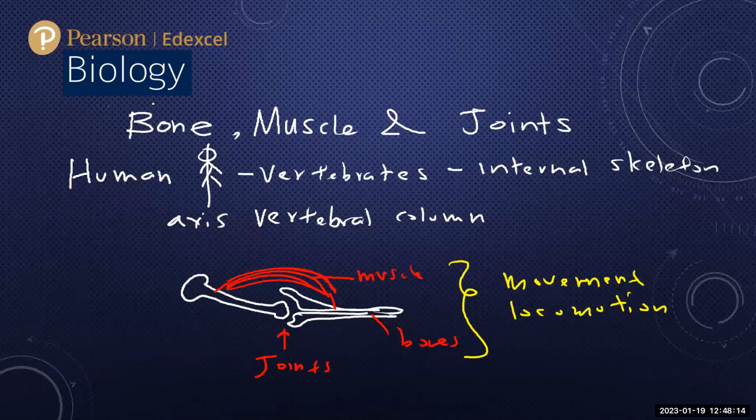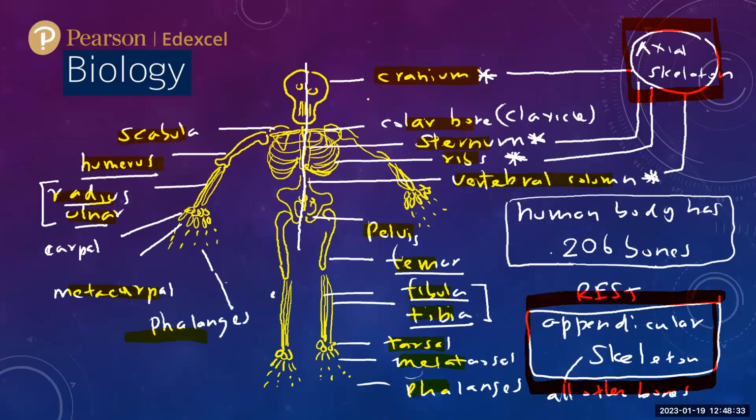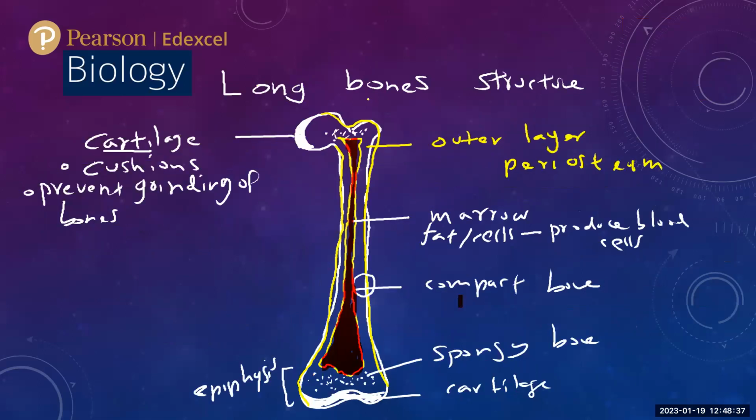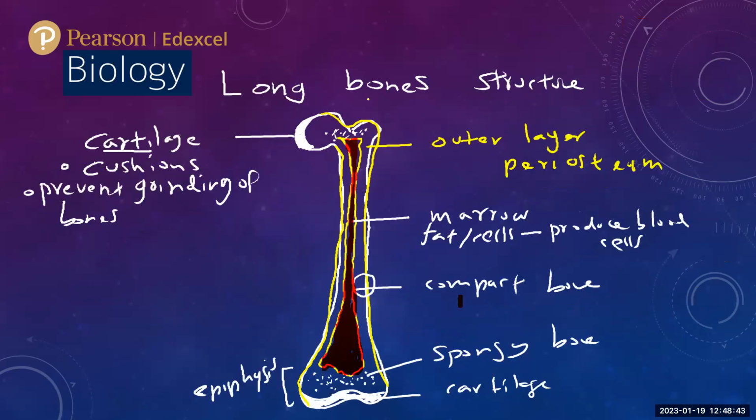Right. So in this lesson, we have completed the bones and the joints. So we need to learn only muscles, then this lesson is over. We learned the skeletal system, main parts of the skeletal system, axial and appendicular, and the bones of axial skeletal and appendicular skeletal.